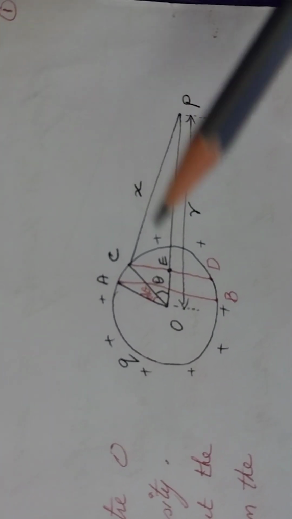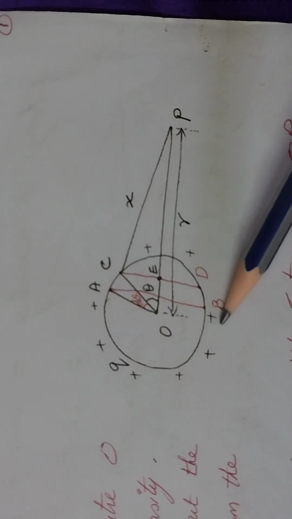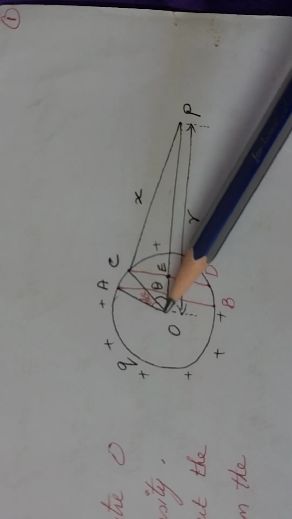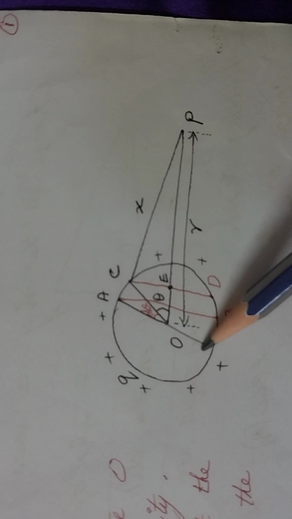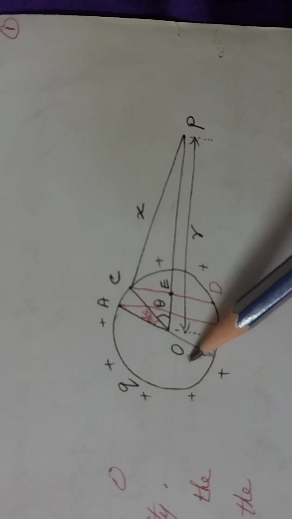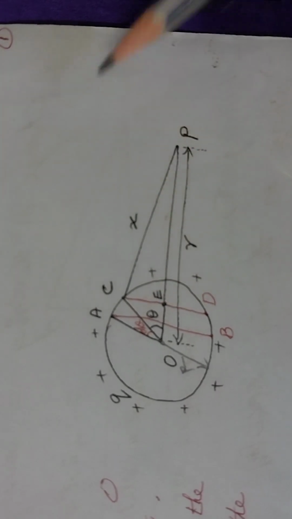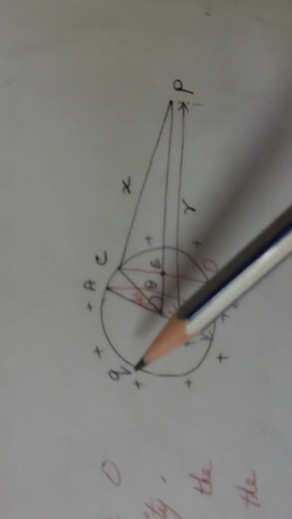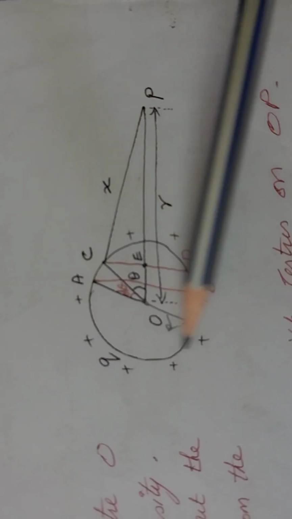So this is the conducting spherical shell. This is the sphere, with origin O and radius capital R. We know that sigma is the surface charge density, and the total charge Q is present on the surface.